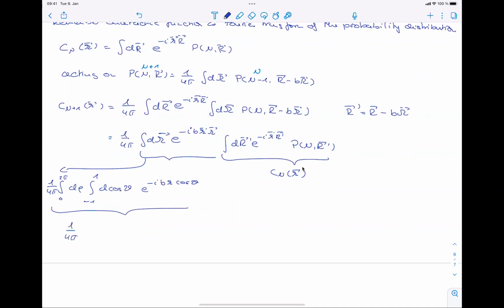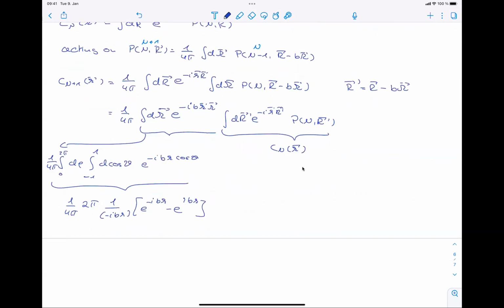Normalization with 1/4 pi. The first integral gives 2 pi. And then the second integral over d cos theta gives me 1 over minus i bk, e to the minus i bk minus e to the plus i bk. And that's then sine bk over bk, with the two summing up.